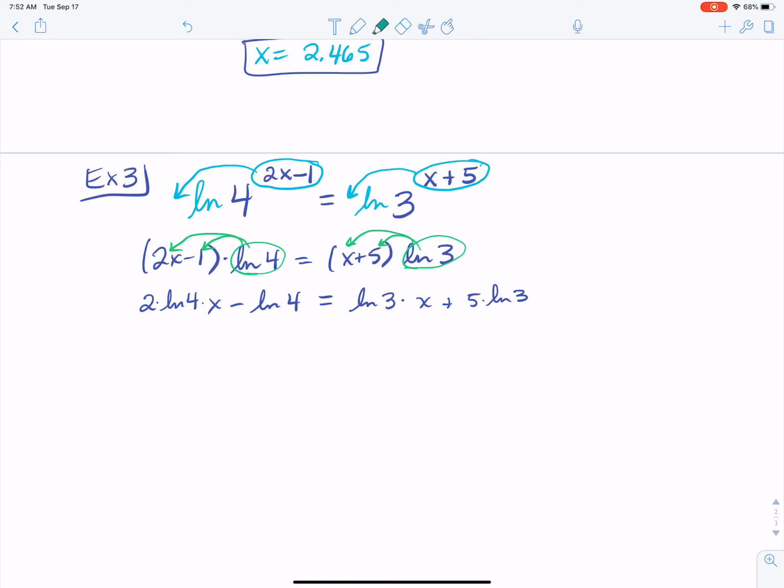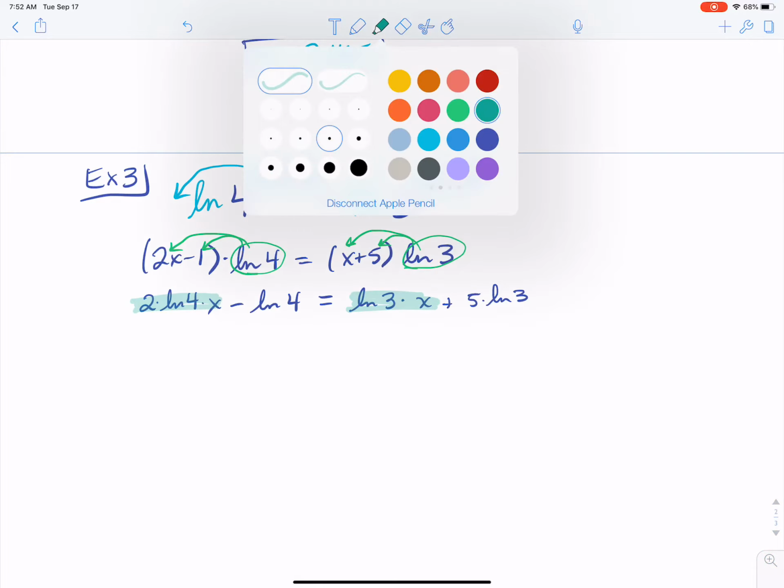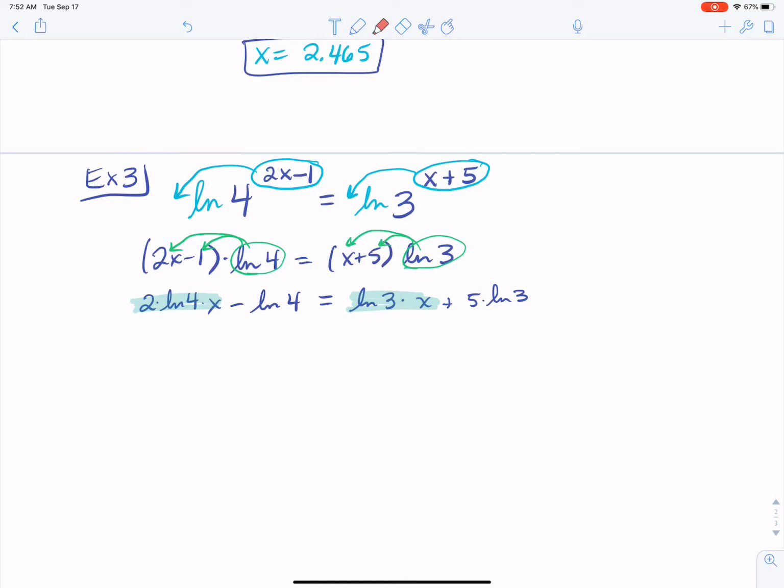Now, our terms that have an x are this guy here and this guy here. We need to put them on the same side, and then we need to put these guys on the same side, the ones that don't have x's. So that's what I'm going to do next.